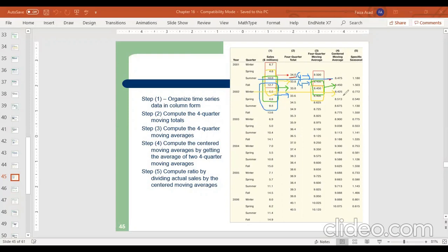After getting the centered moving average, we will compute the ratio by dividing each sales value by the centered moving average. So in step 5, we divide the given season's sales by the specific seasonal effect.